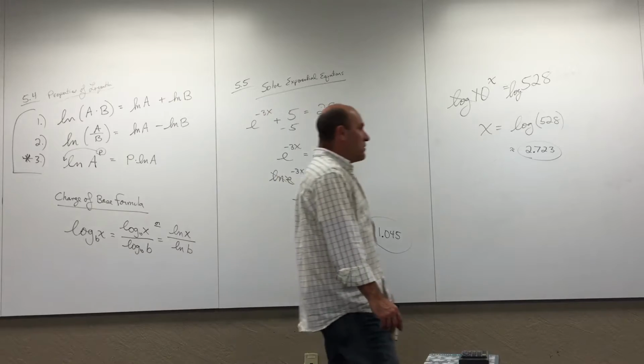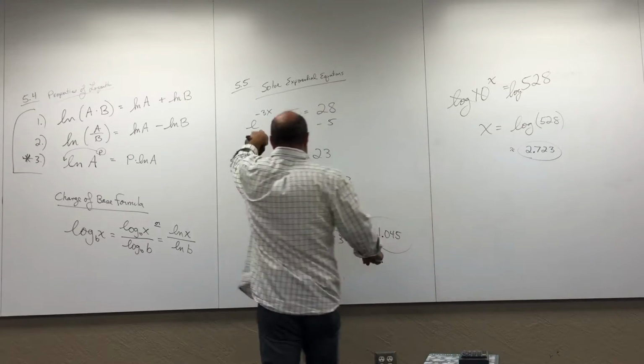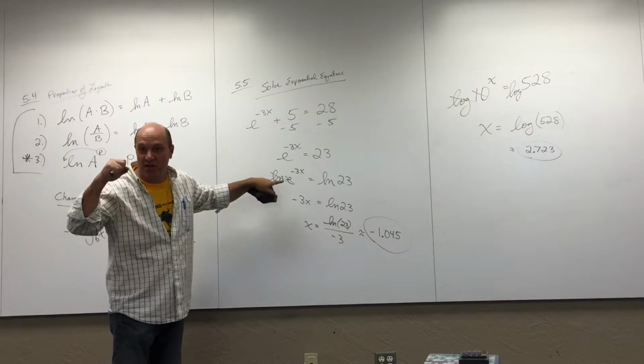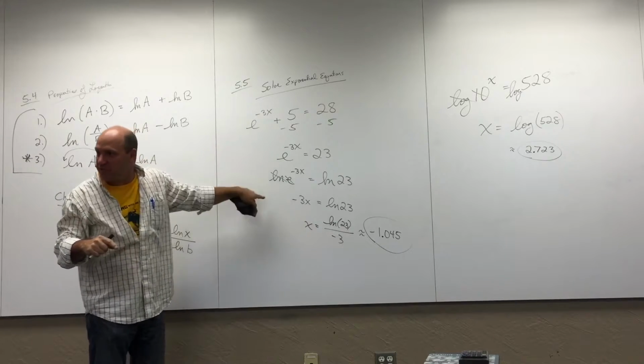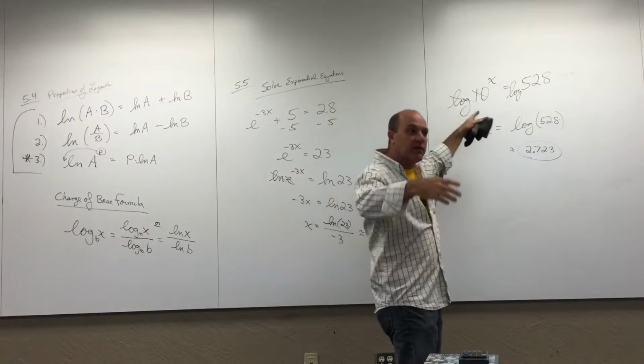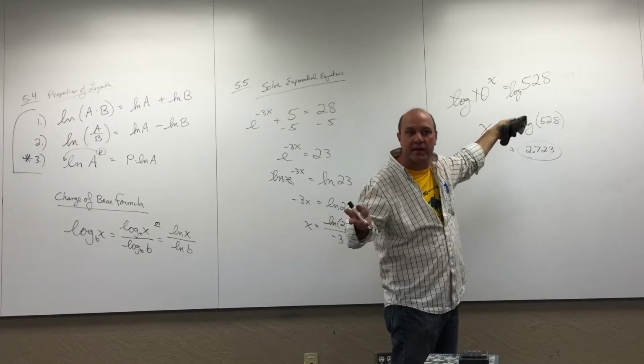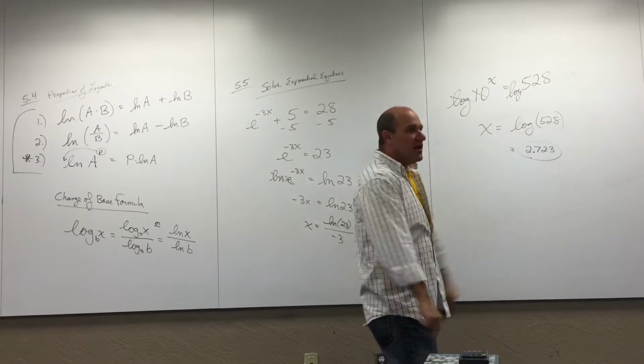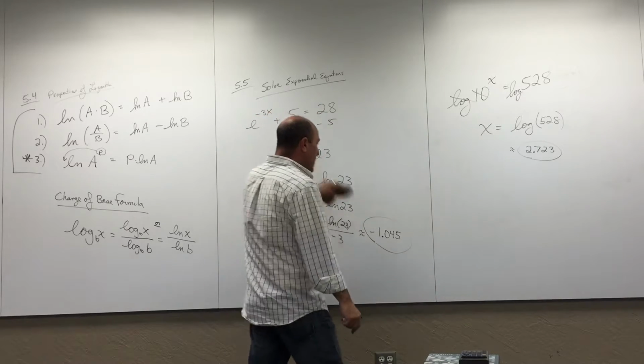All right, listen, here's one more. So when it's base e, we use a logarithm, but we use the natural log to kill the base e. It's very logical. When it's base 10, we use the log base 10 because that kills the base 10, right? Very logical. If it's some other weird base, watch this.